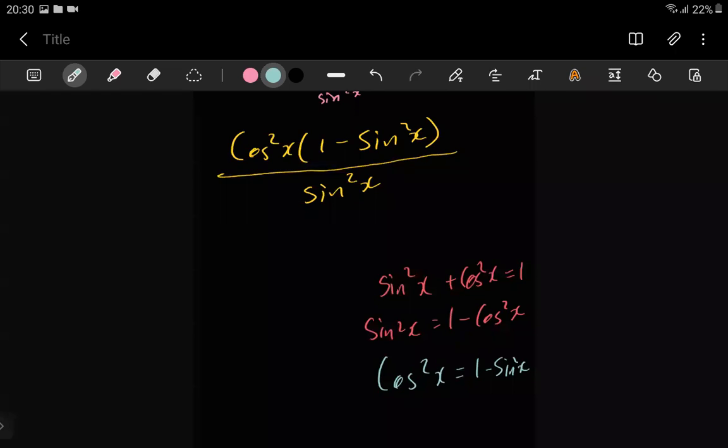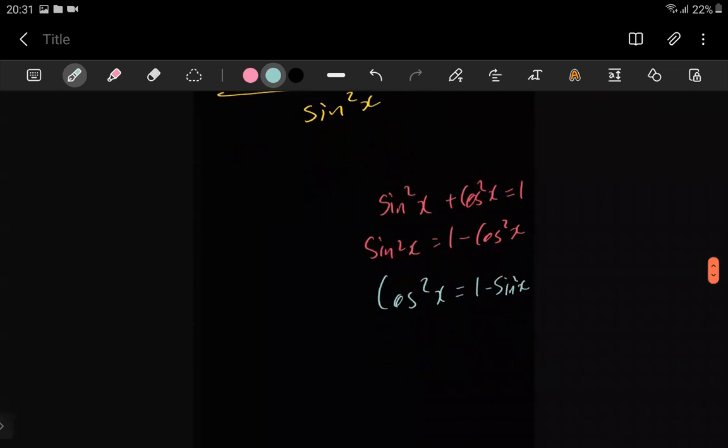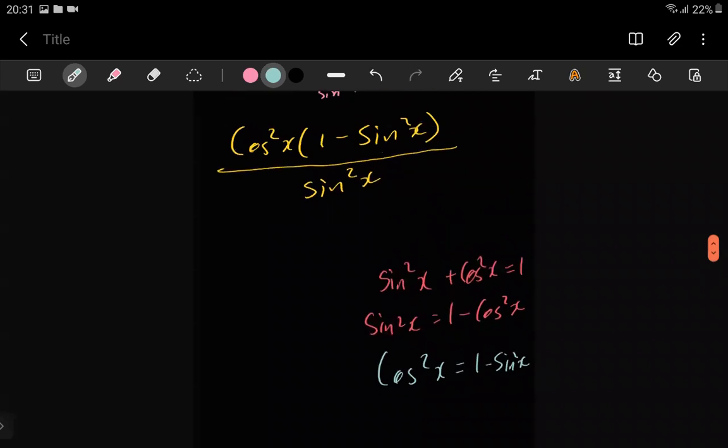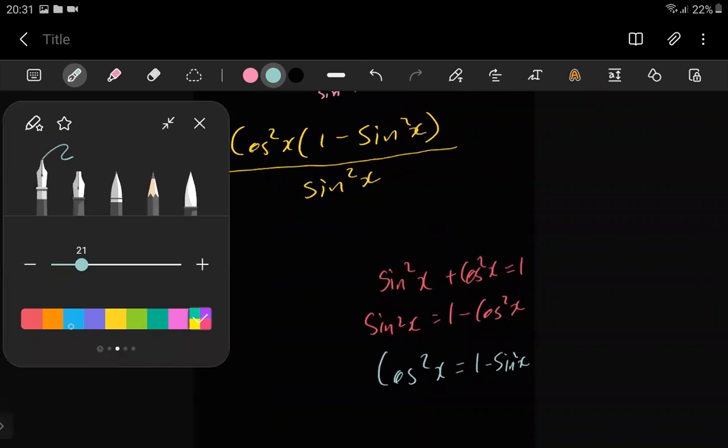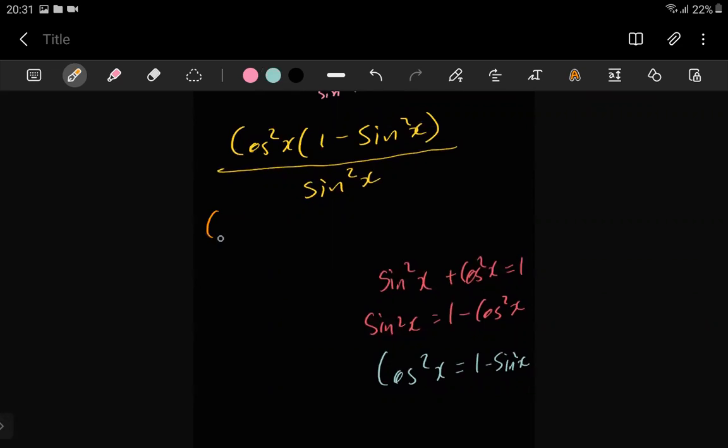So with all this being said, where we see the 1 minus sine squared x, we can immediately write it as cos squared x. So at the top here we have cos squared x multiplied by another cos squared x, and the whole thing is over sine squared x at the bottom.